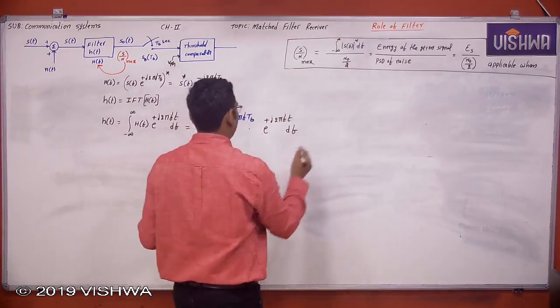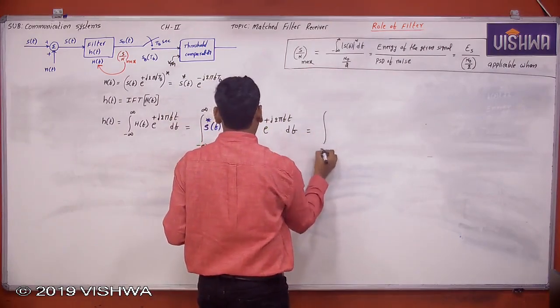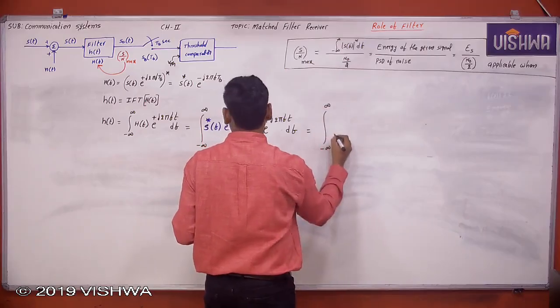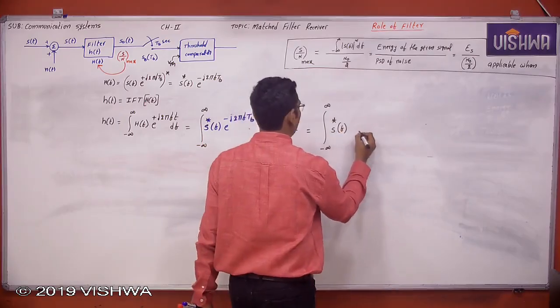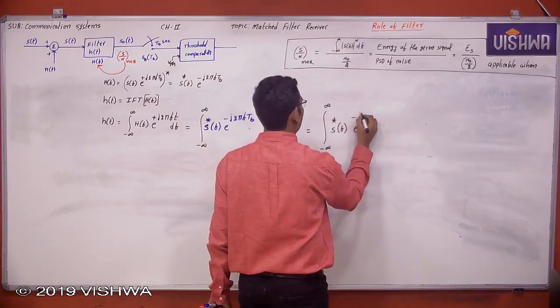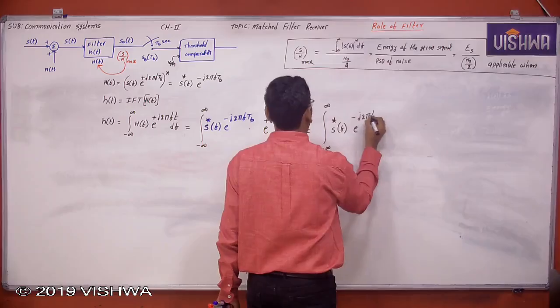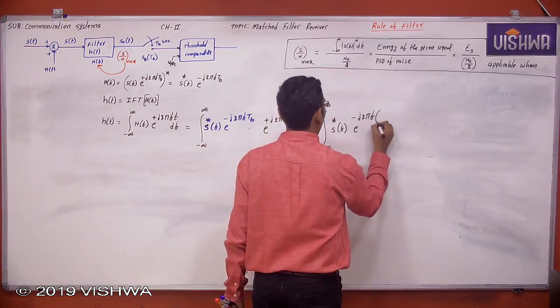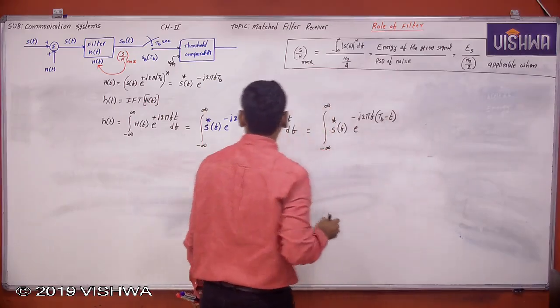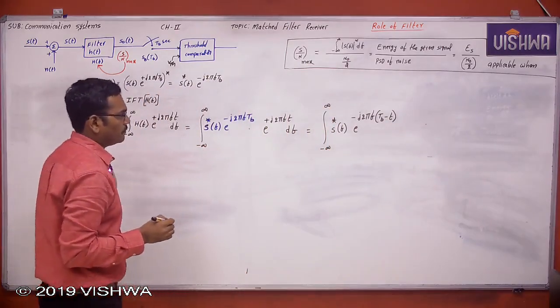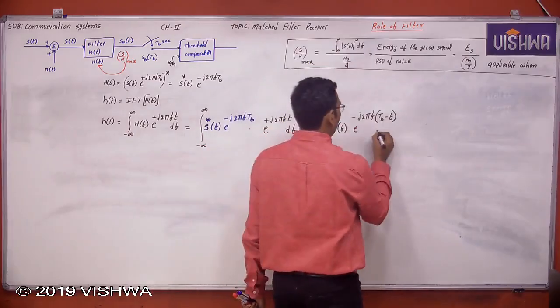Now can I write it like this, which is nothing but the integral from minus infinity to infinity of S complex conjugate of f times e to the power, taking minus j 2 pi f as common, minus j 2 pi f (tb minus t) df.